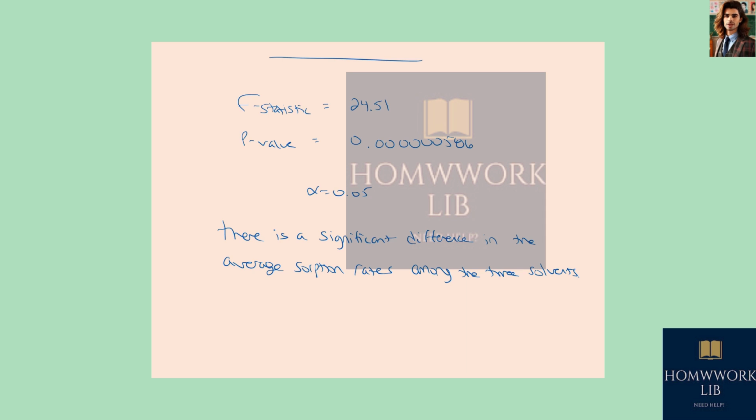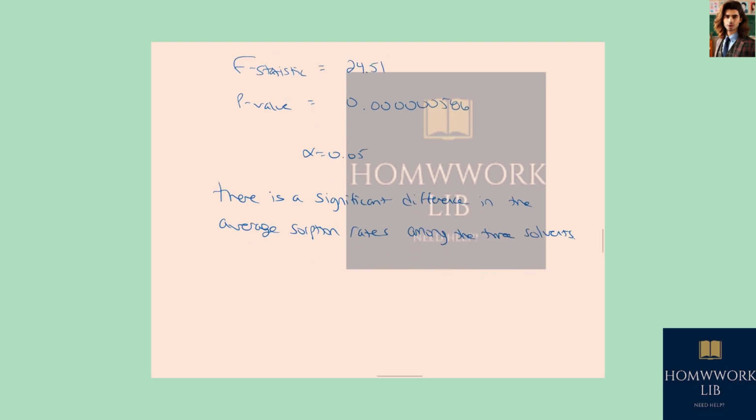So the conclusion would be that the type of solvent matters for sorption rates. To choose a solvent, you'd likely pick one with the highest average sorption rate, which seems to be the chloroalkanes based on the data. That would be the one with the highest average sorption rate.